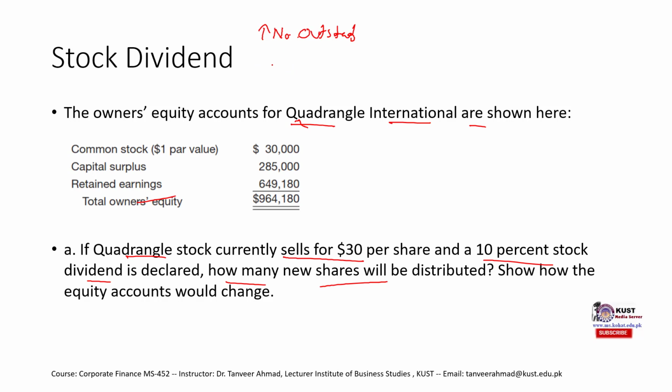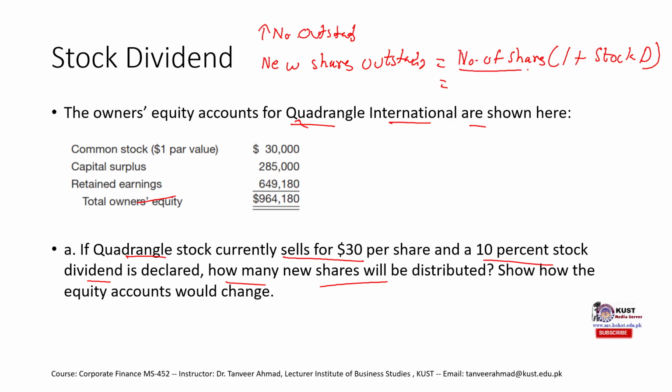So what we need to find is new shares outstanding, and that would be, so previously, so the formula would be old number of shares outstanding multiplied by 1 plus the stock dividend percentage, right? This would be the formula.